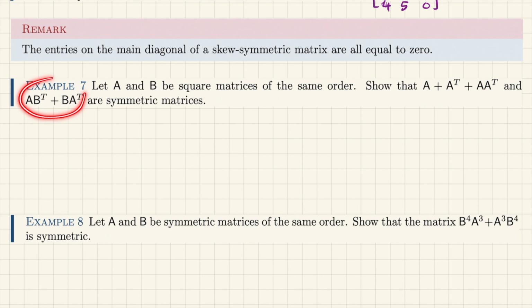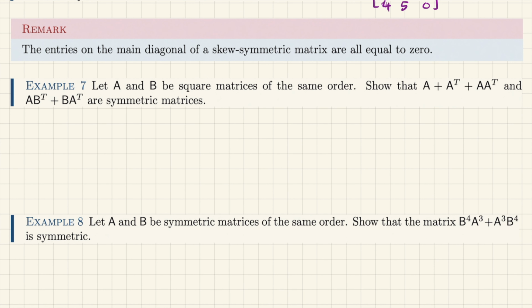And the same is true here. Okay, so let me just do this and then we are done. So I want to show, can you tell me what to do? I want to show this combination is a symmetric matrix. What should I do? I need to follow this definition, yes? I want to show that a matrix is symmetric.